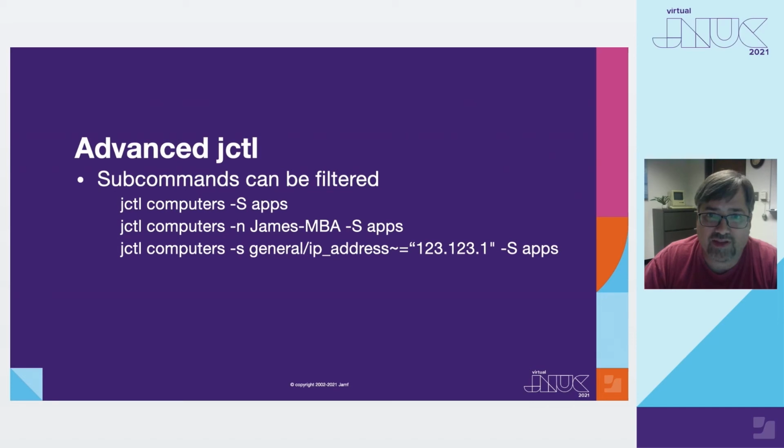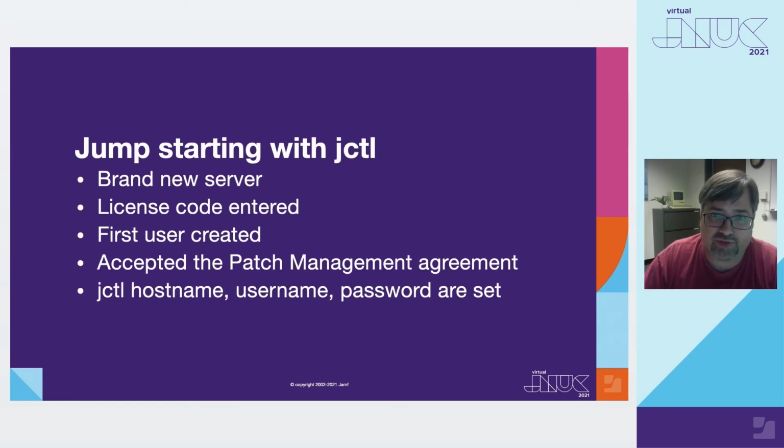The third line with -S for search, general/IP address, tilde equals, the tilde equal being a regular expression match, 123.123.1 will print all apps for all computers that have IPs that match the 123.123.1 regular expression. So in this case, those second 2 lines, I'm filtering the subcommand to a certain subset of computers.